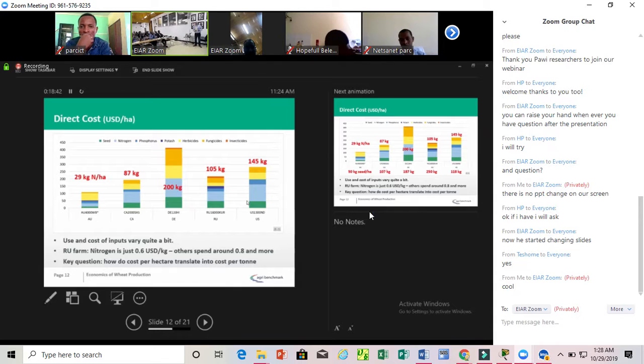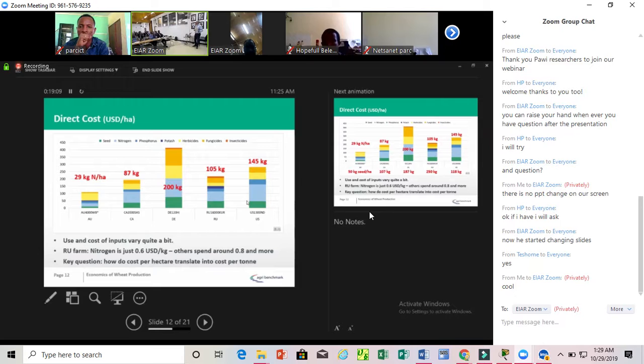What is important to note is that, of course, we also have significant differences in cost for individual items. I took one example here, for instance, the Russian farm only has to pay $0.6 per kg of nitrogen, whereas all the others are 0.8 and above.